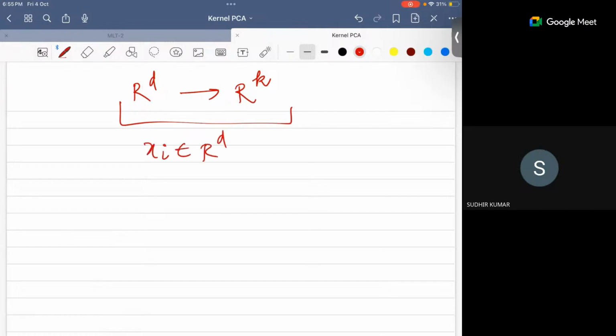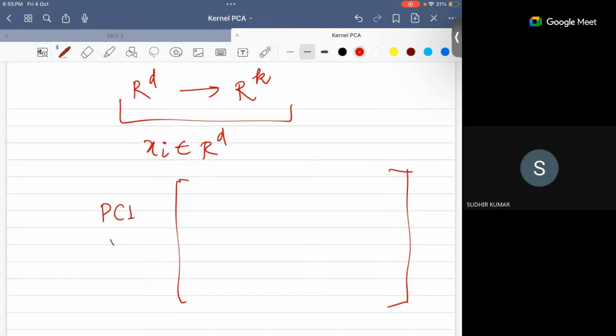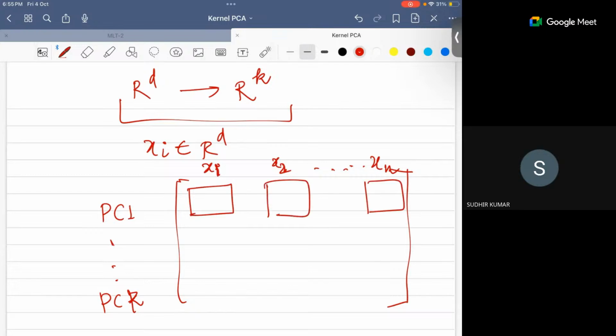So your transformed data set, let's for example say this is PC1 till PCK, corresponding to x1 till xn. So you were storing something for each of the data points, right? And this is the final transformed features, right?